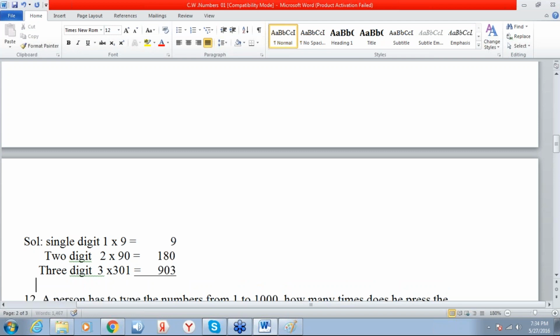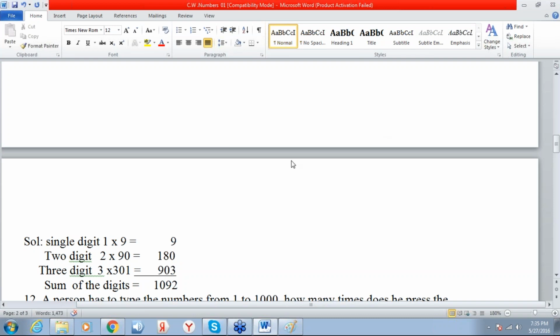What is the sum of the digits? 9 plus 3 is 12, and 1 is carried. 8 plus 1 is 9, 9 plus 1 is 10.